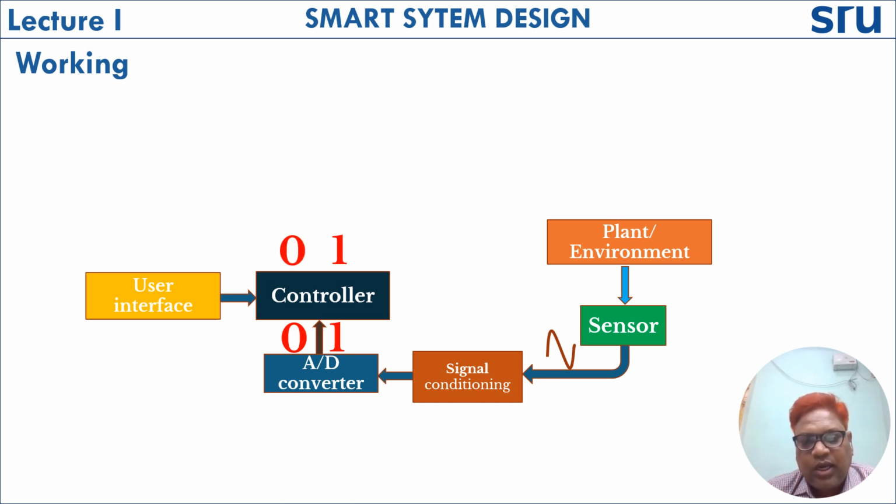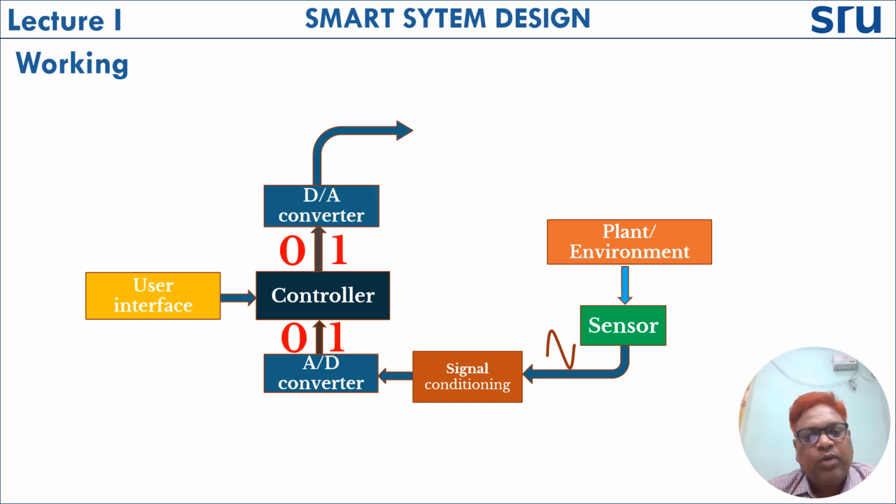But the output of the controller is a binary number, and binary numbers we cannot feed directly to the compressor available in the AC. So it requires some signal conditioner circuitry and digital to analog converters, because the controller output is only in the form of zeros and ones, but it should be converted into analog form.